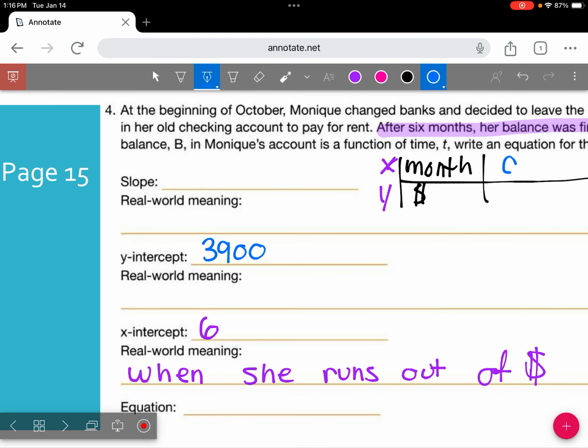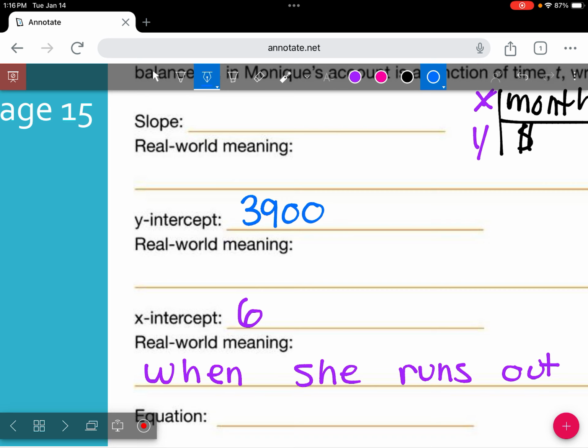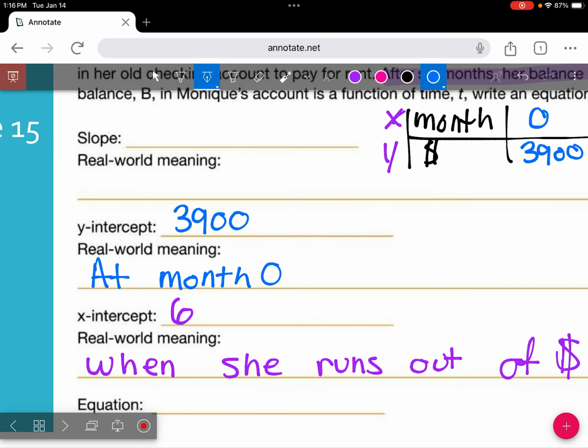So that means at month 0, she had $3,900. Put it like that. Month 0, dollar balance.